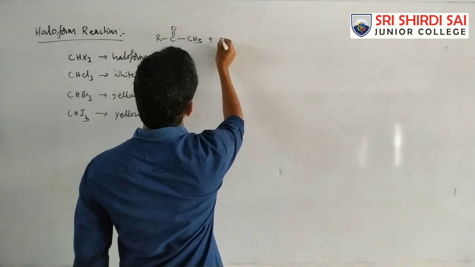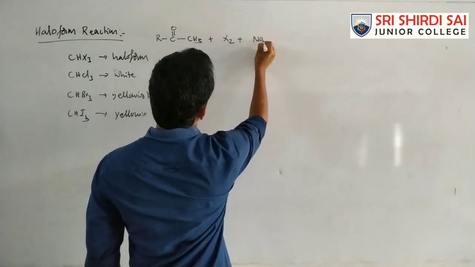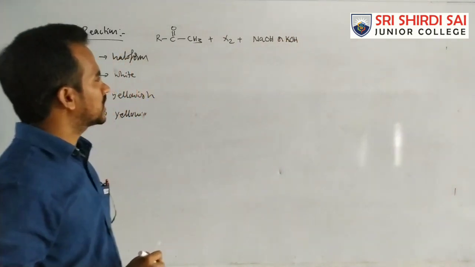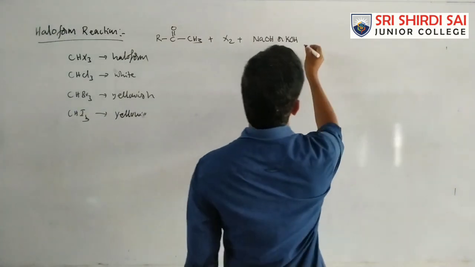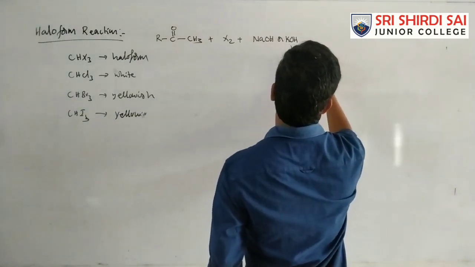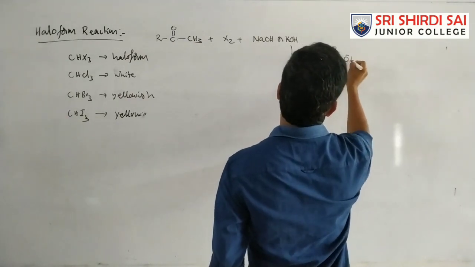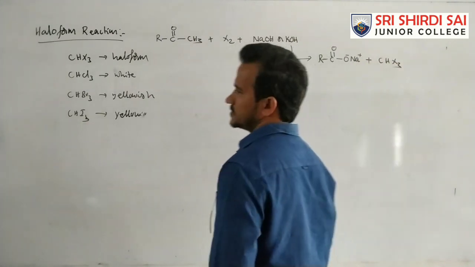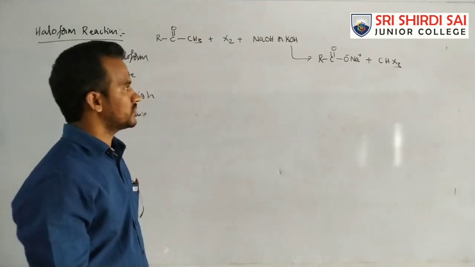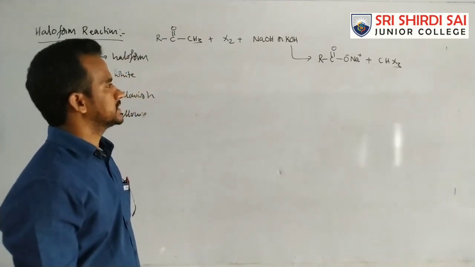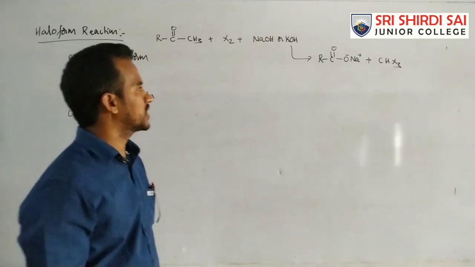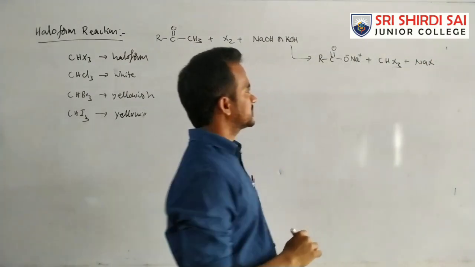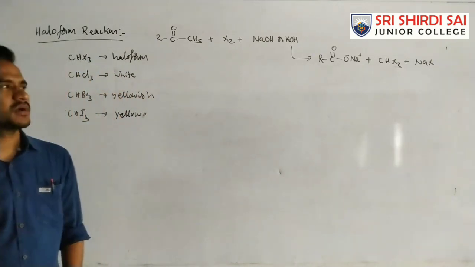This methyl ketone, on treating with halogen along with NaOH or KOH base, gives the products RCOO-Na+ and CHX3. The side products are NaX and H2O.